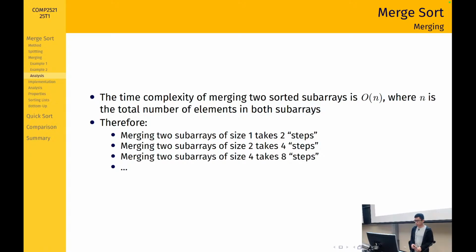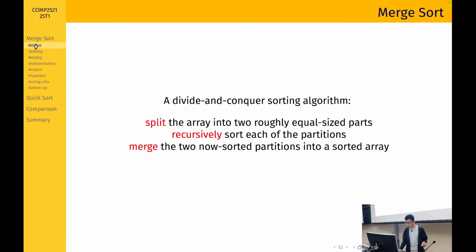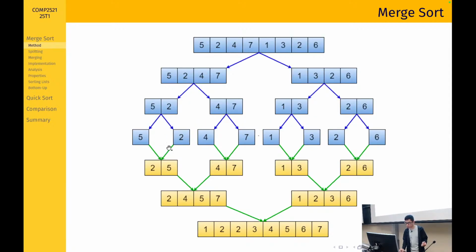Okay, so what that means is that when we merge two subarrays of size 1, as in this diagram over here, that takes two comparisons, or two steps. Same for when we're merging the 4 and 7, the 1 and 3, the 2 and 6. When we merge these two subarrays of size 2, that takes 4 comparisons, right? And then same thing for merging 1, 3, and 2, 6.